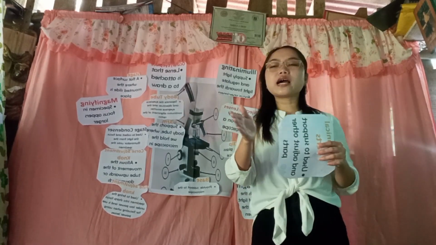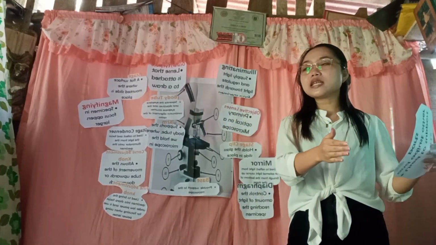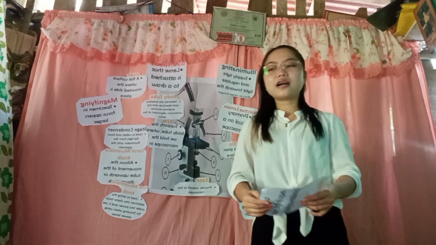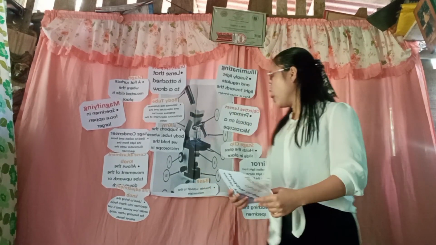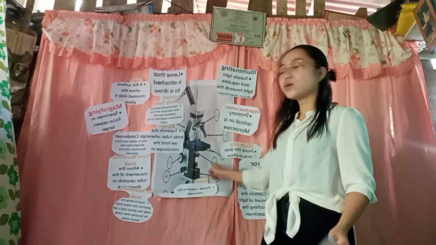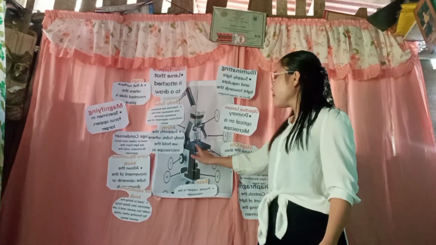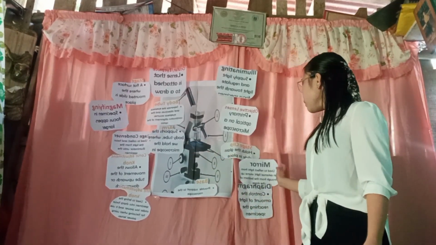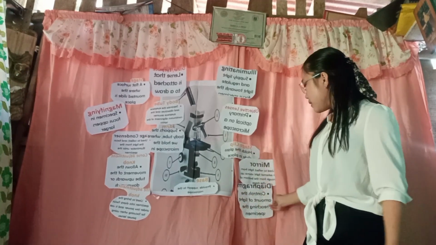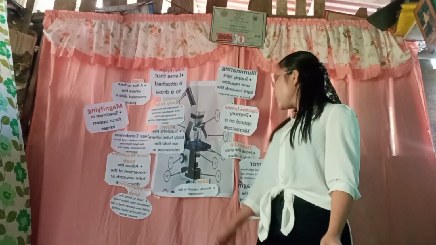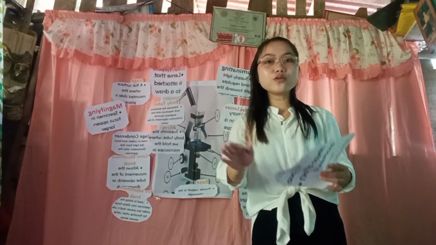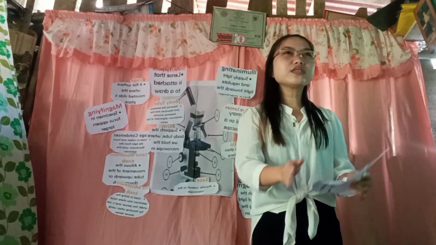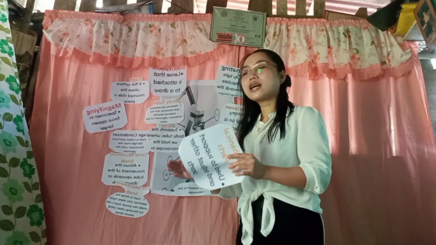It reflects light toward the lenses so that viewing a small object is clearer. Then, the next one is the diaphragm. It controls the amount of light reaching the specimen, whether the light is bright or dim.